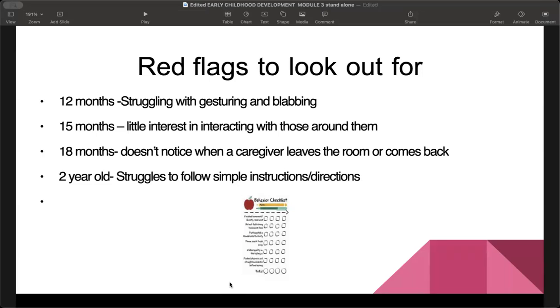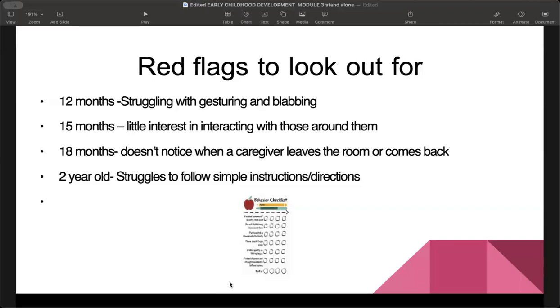We need to understand why this child is not babbling or trying to make sounds or trying to mimic. There's no words coming out of the child's mouth. At 15 months, little interest in interacting with those around them, because at this age, a child should be very curious of everything and everybody around them. They should be walking already, and they should be inquisitive about their environment and the people around them.